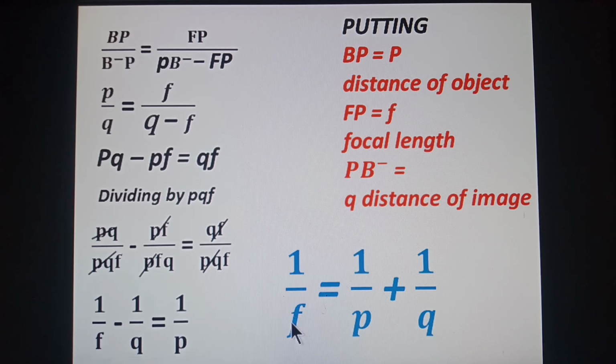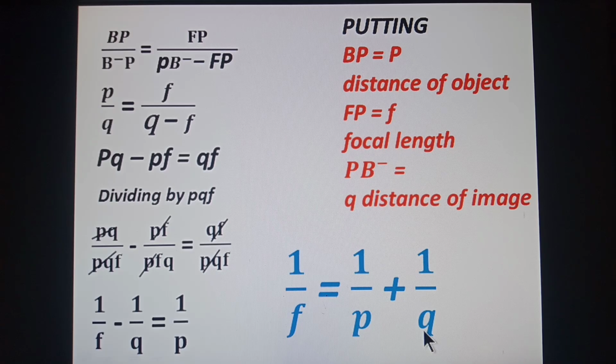Students, F is the focal length, and if the mirror is convex, the focal length is negative. If the mirror is concave, the focal length is taken positive when inserting the values to solve a numerical problem. Similarly, if the object is real, P is positive. If the object is virtual, P will be negative.